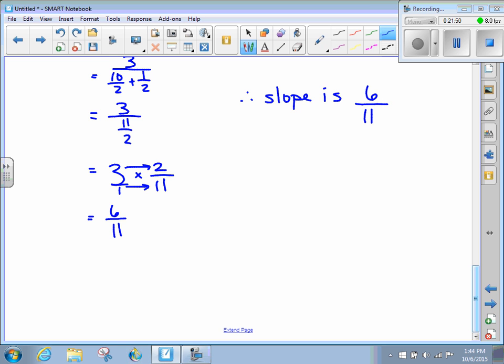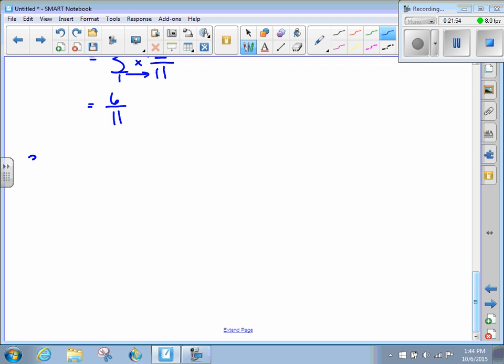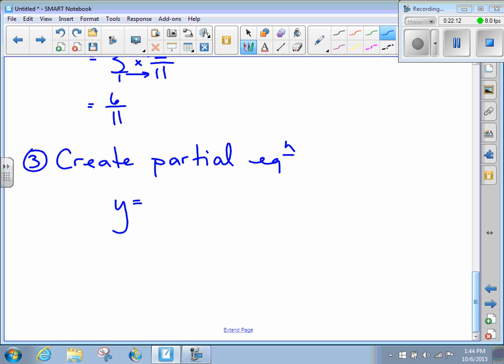I can use that now to create a partial equation. So this is a new concept. And the word partial just means I can put in some information, but I don't know some of the other stuff. Okay, so the information that I'm going to put in is my slope, which I just figured out to be 6 over 11. But then I don't know what my y-intercept is.